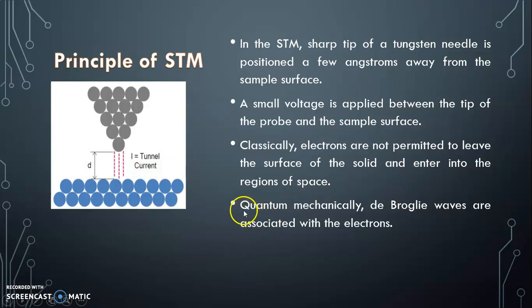So quantum mechanically, de Broglie waves are associated with the electrons, that is, along with the particle nature of the electron, it has wave nature, and a wave can easily pass through a medium. Though it does not have sufficient energy, even then that wave can pass, only its amplitude will decrease.